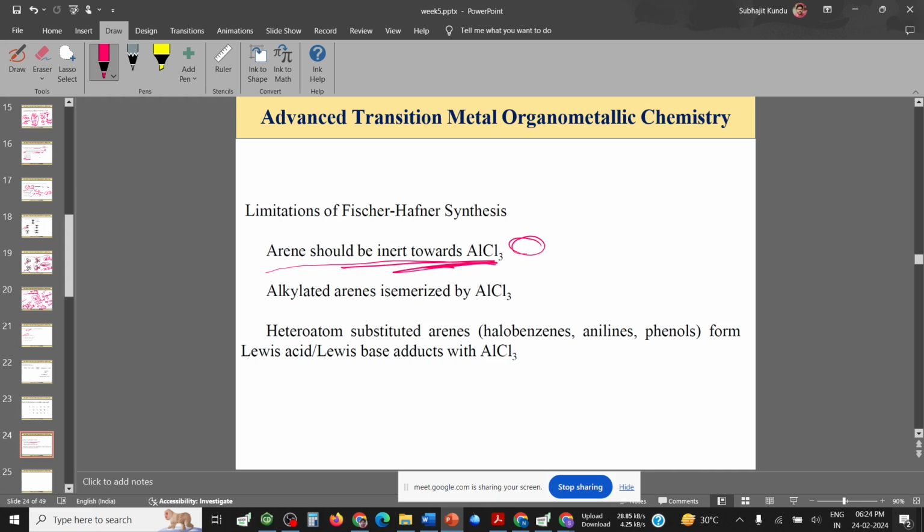So there are certain limitations for synthesizing bis arene complexes using Fischer-Hafner synthesis.